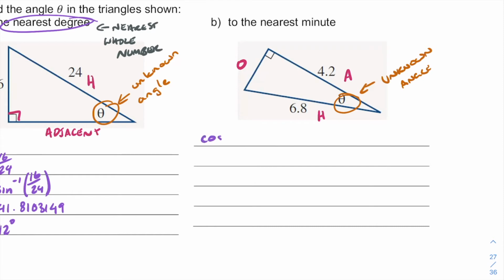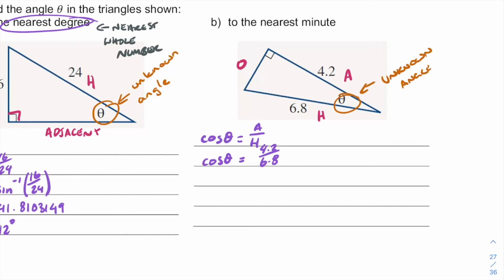So I'm going to start with cos theta equals A over H this time. So sine obviously being opposite, cosine being the adjacent. Do exactly the same thing as I did before. Cos theta stays the same because we don't know theta, but then I'm going to put 4.2 over 6.8.